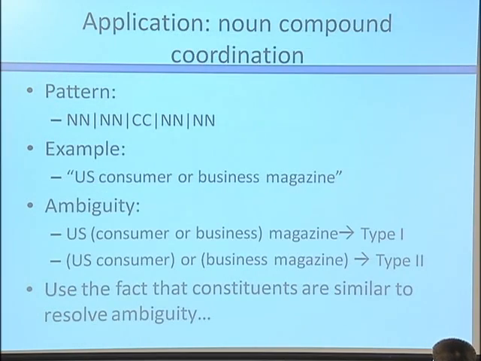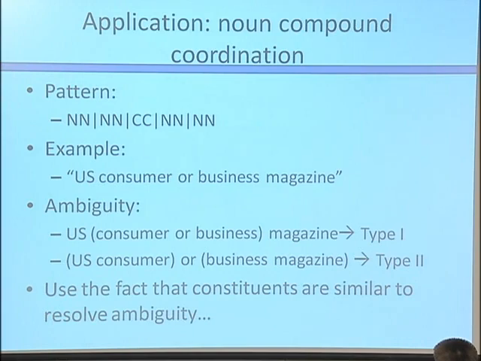One of the applications that we dealt with was noun-compound coordination disambiguation. We chose patterns of phrases which had this pattern: noun, CC (a conjunction), and noun. This is a 5-gram, and an example is US Consumer or Business Magazine.